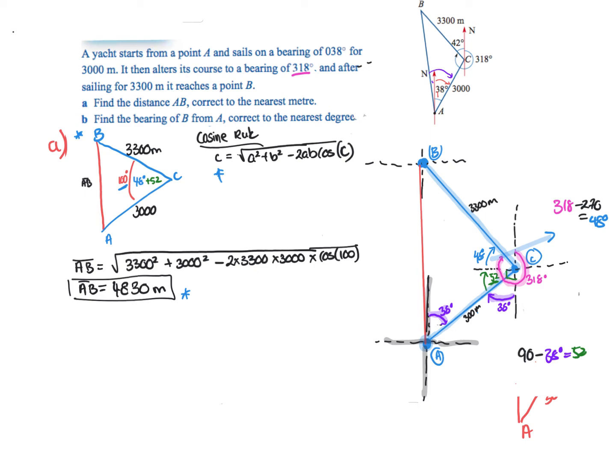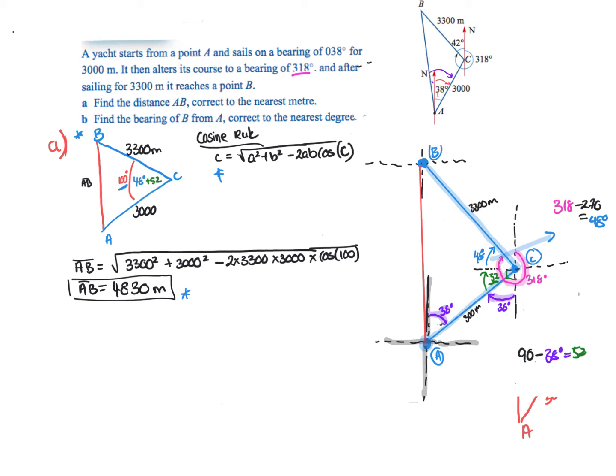We can see that. We know this, we've got 48 in there, but we can also find this little angle in there. And the way I'm doing that is I can see that there are parallel lines with these north lines.